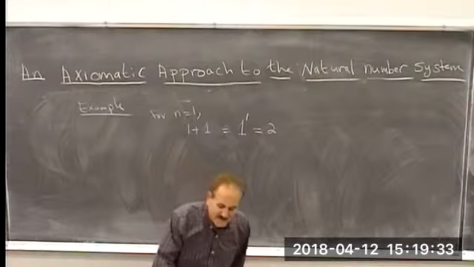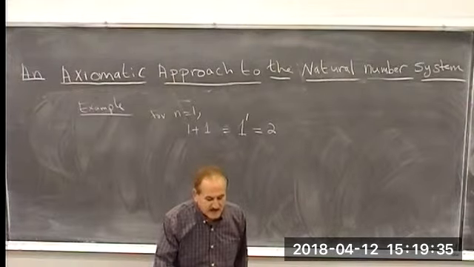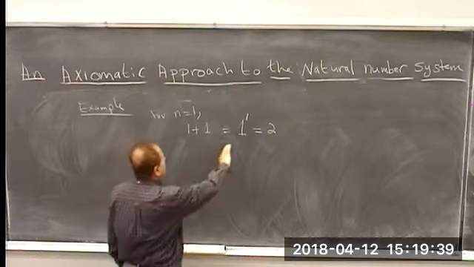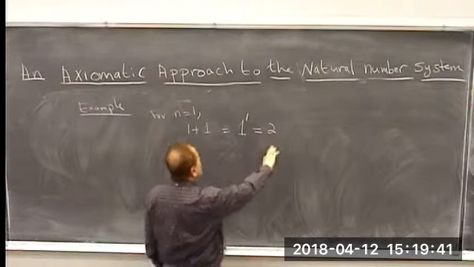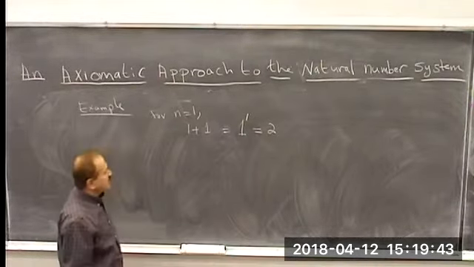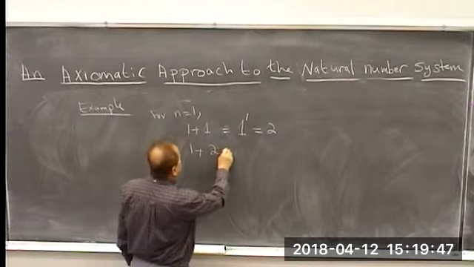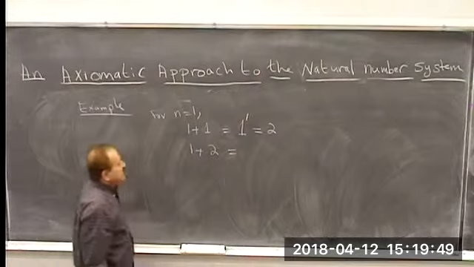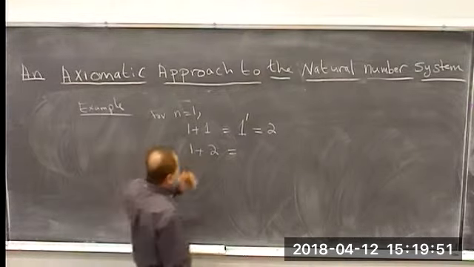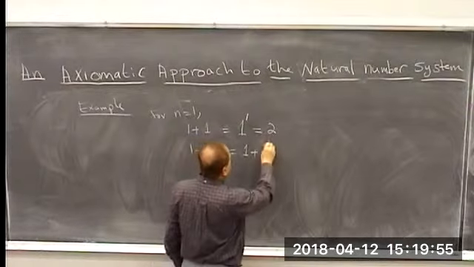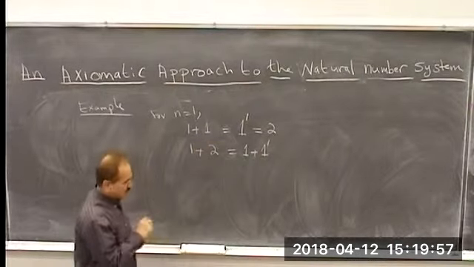Let's look at if I want to add, for example, 1 and 2. We already have 2 as a successor of 1. So if I want to add 1 plus 2, by the second part, this is 1 plus the successor of 1, because 2 is a successor.